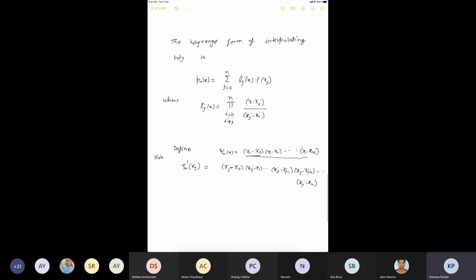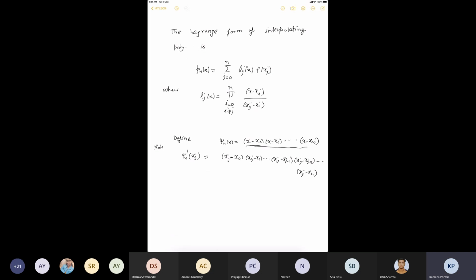Using this new notation psi_n(x), how can I write my Lj(x) using psi_n(x) and psi_n prime of xj? The numerator is nothing but psi_n(x) divided by x minus xj, and the denominator is nothing but psi_n prime of xj.